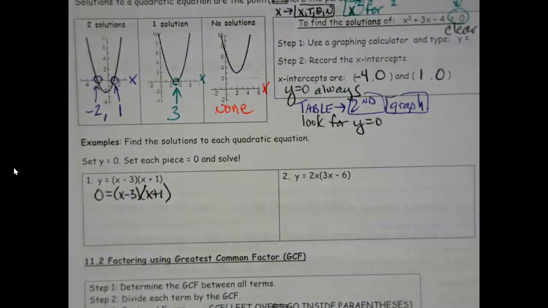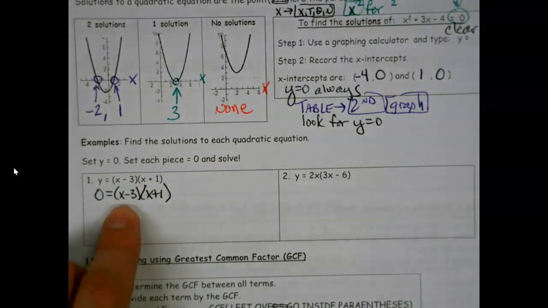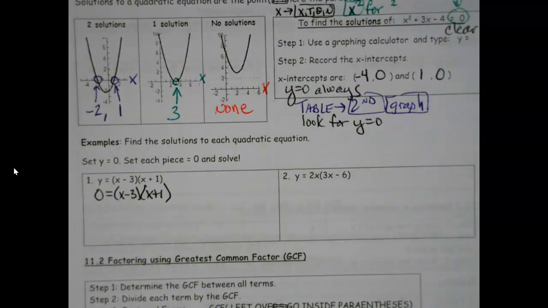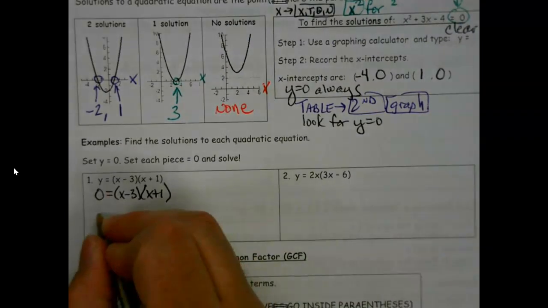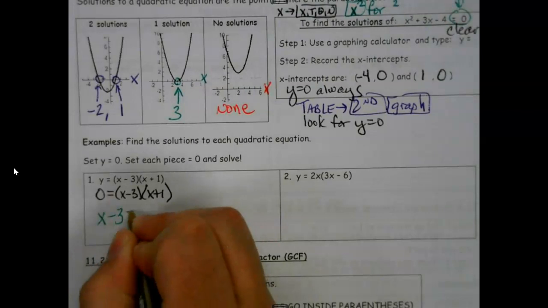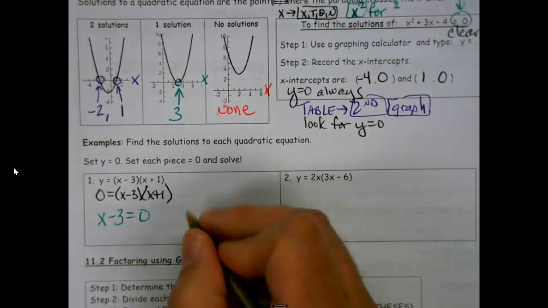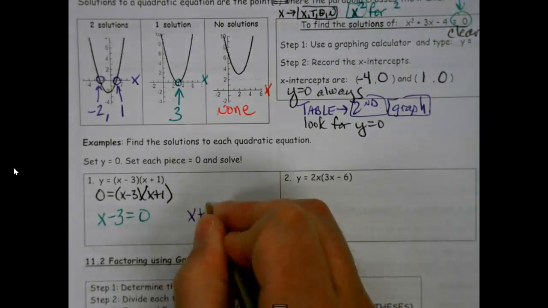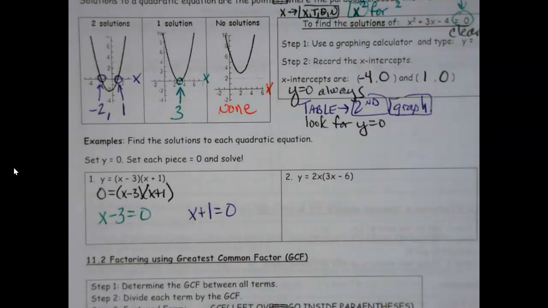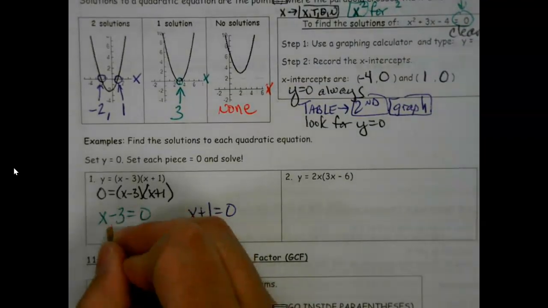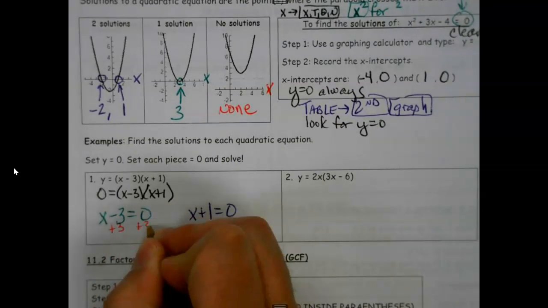And once I do, you take each piece that has an x, so x minus 3 equals 0, and x plus 1 equals 0, and you just solve the mini equations. So just like we would normally here, we do my opposite.